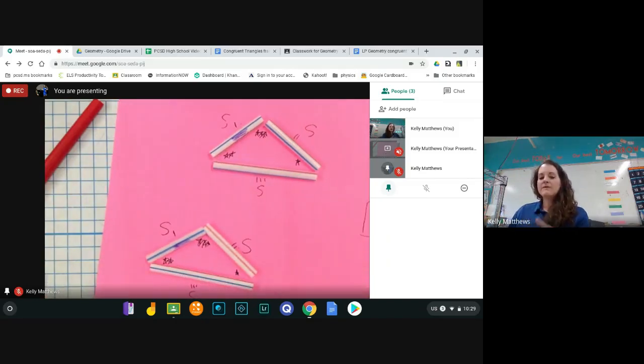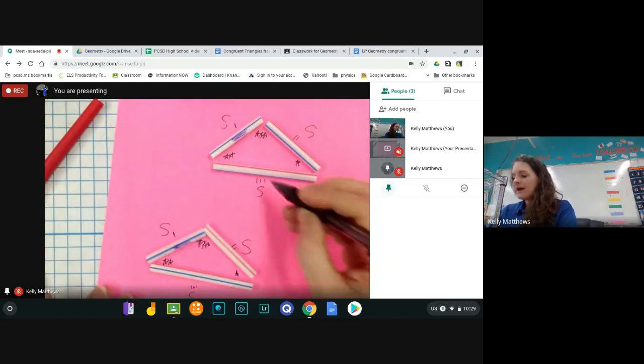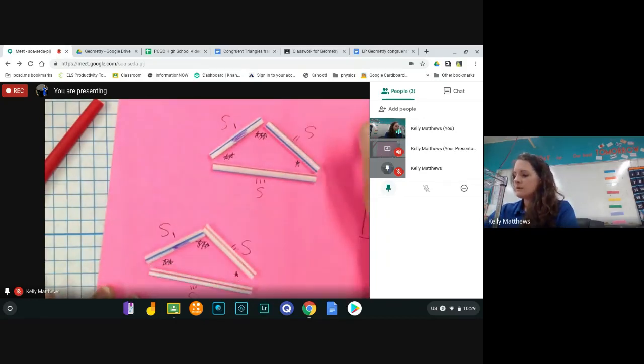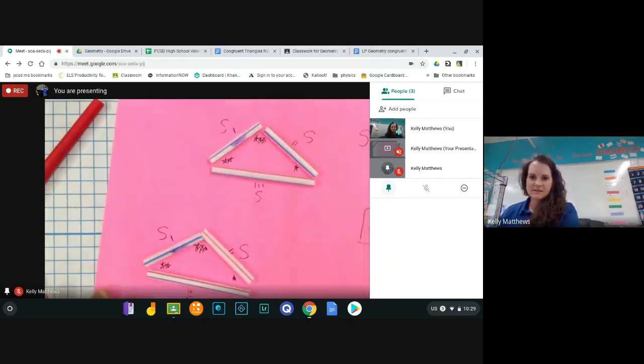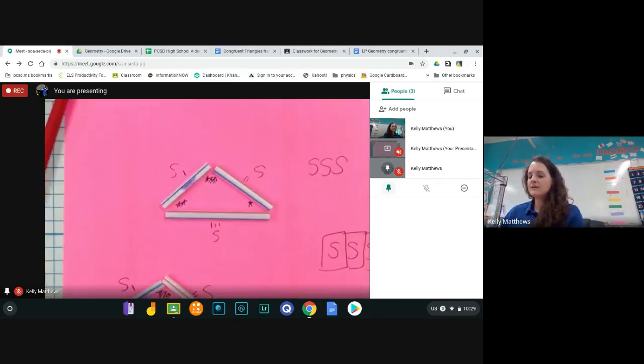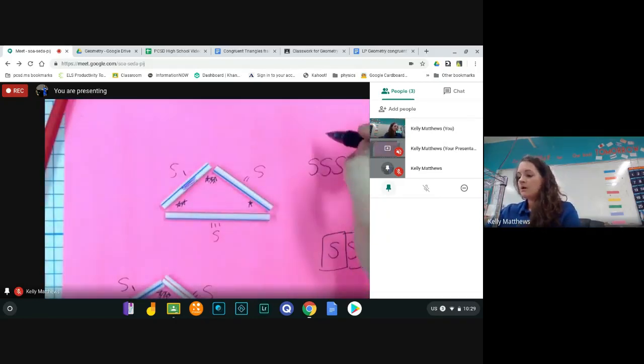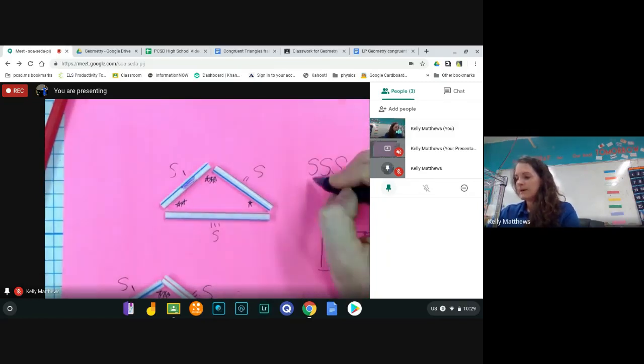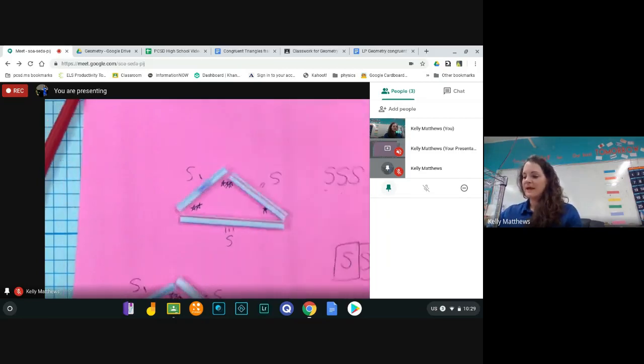So every piece has a congruent match, and that was our definition of congruent triangles. So by knowing these 3 sets of sides, I now know that these triangles are congruent. That is the side, side, side test. And so instead of having to know also that all the angles matched, well, by knowing that just the sides match, I know that these triangles have to be congruent.